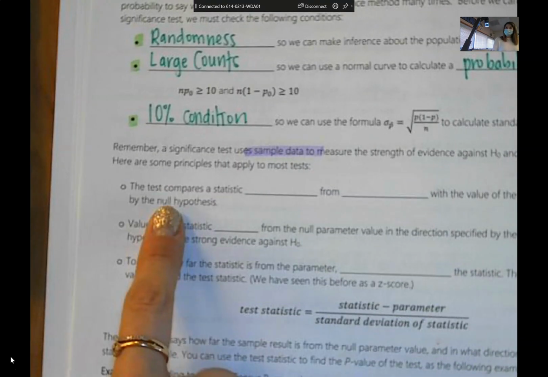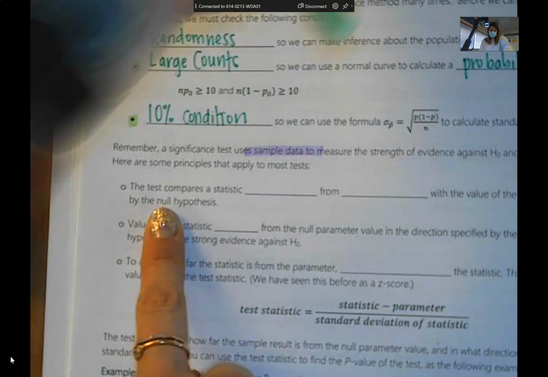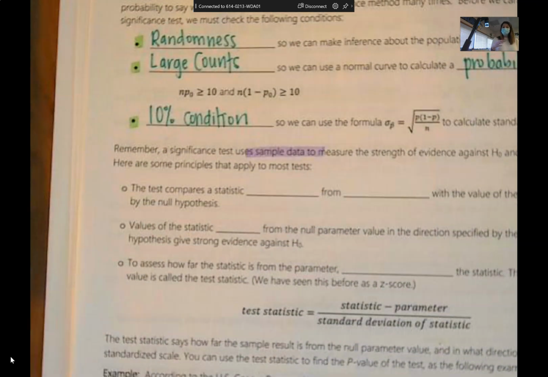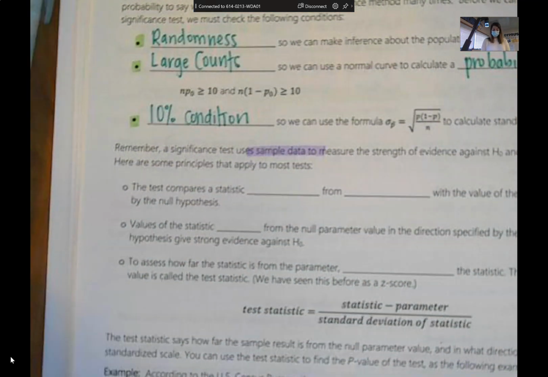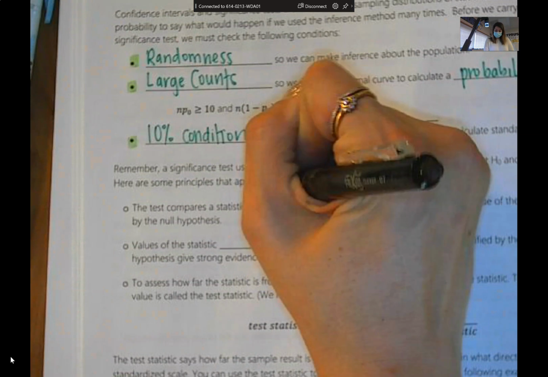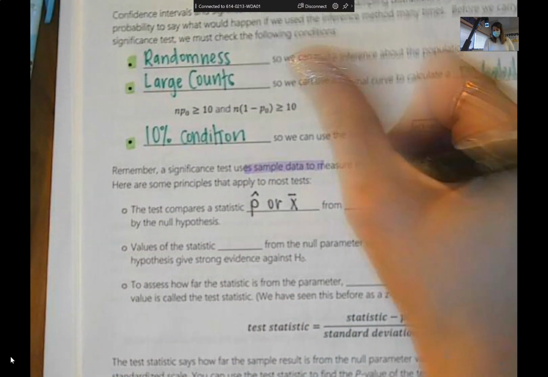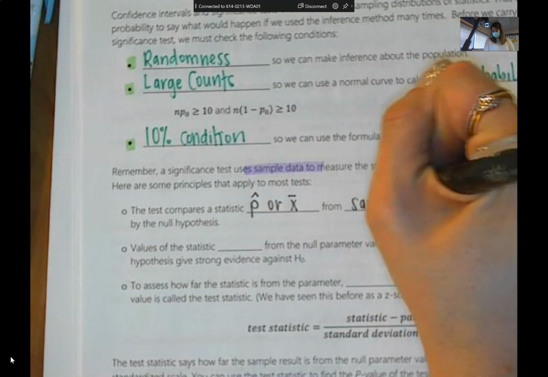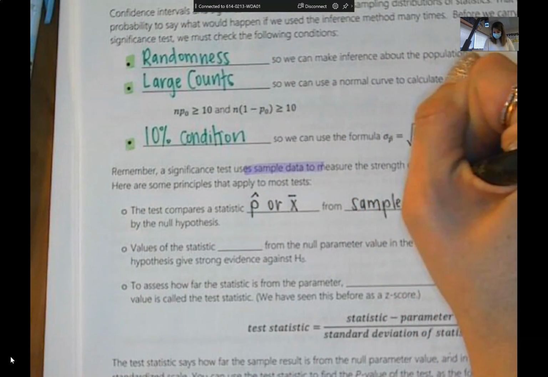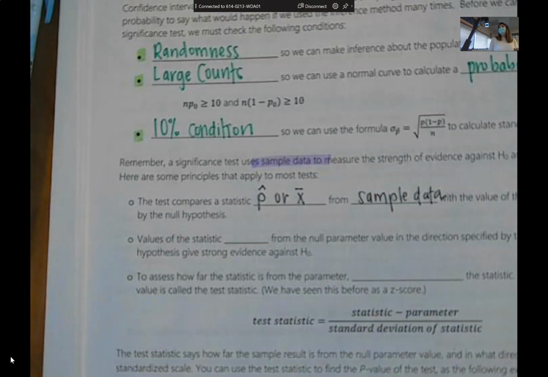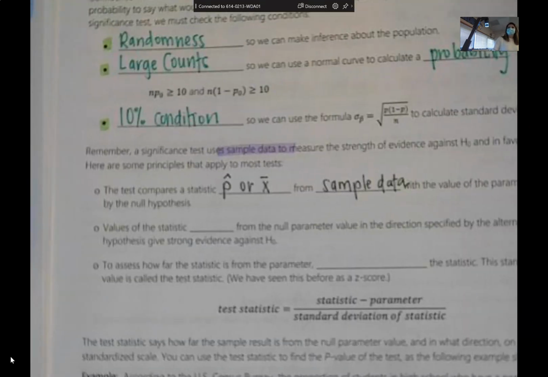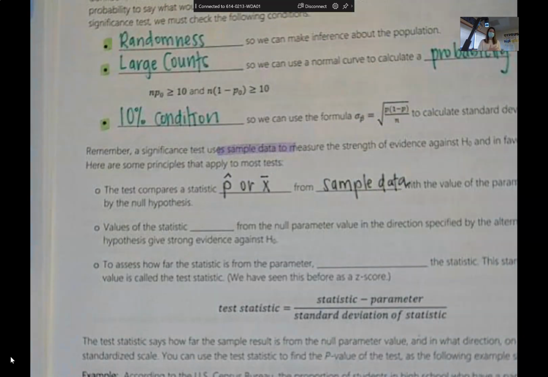So our reminders before we find these are, the test compares your sample statistics, so p hat or x bar, from sample data with the value of the null hypothesis. So we're comparing our sample value to the null value.